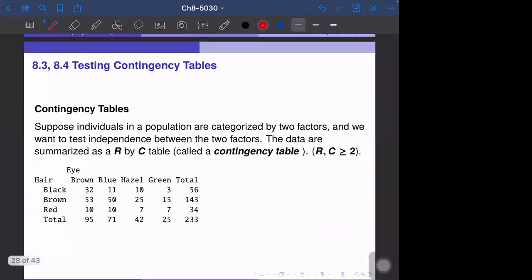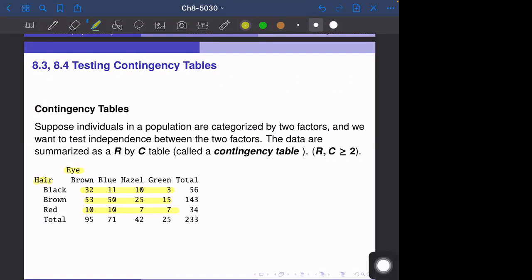So this kind of table is called a contingency table. We have two factors, eye color and hair color here, and then we have counts. This is the famous hair color, eye color data in the default R package. And this is the counts for the PhD program in statistics in the old days at a large university.